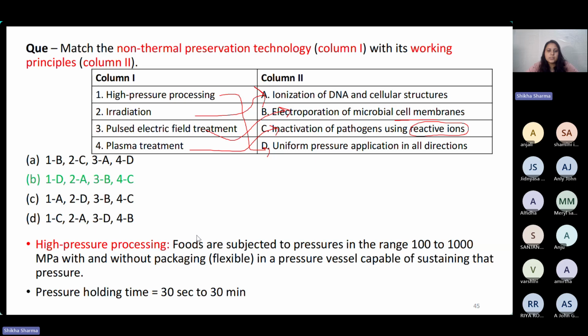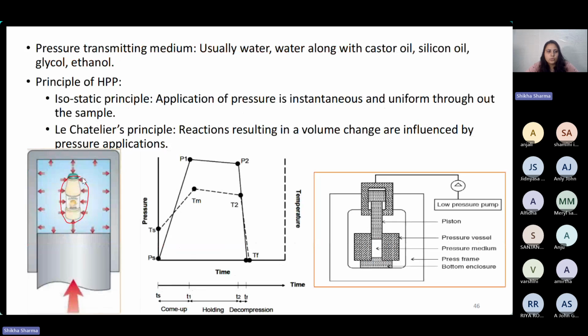So HPP is where we are using high pressure, like 100 to 1000 megapascal, and we apply this pressure for 30 seconds to 30 minutes. We hold this pressure. We will have some food product, and this pressure is applied through a medium on the food product.